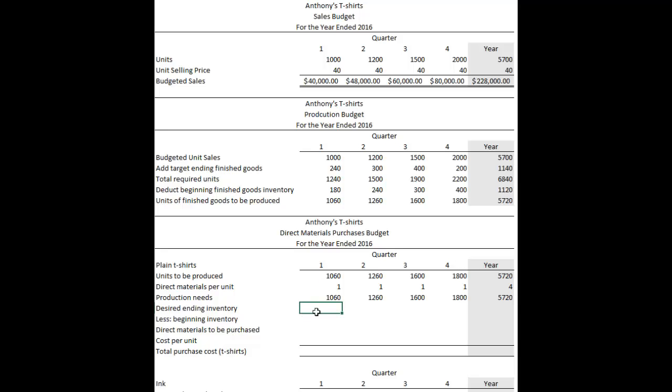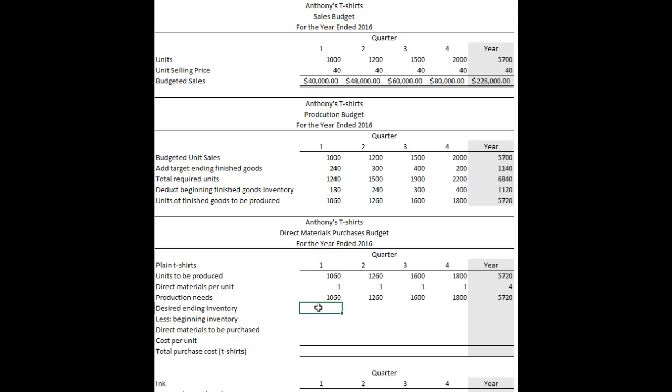So the ending inventory is going to be in addition to the quantity we're going to produce. We need to figure out how many we expect or desire to have on hand for these t-shirts. What if something happens to the delivery truck that's bringing us new t-shirts, right? Our lead time isn't what we thought it would be and we run out of t-shirts. So we're going to have a buffer here on the front end to make sure we've got enough ending inventory as well as beginning inventory.